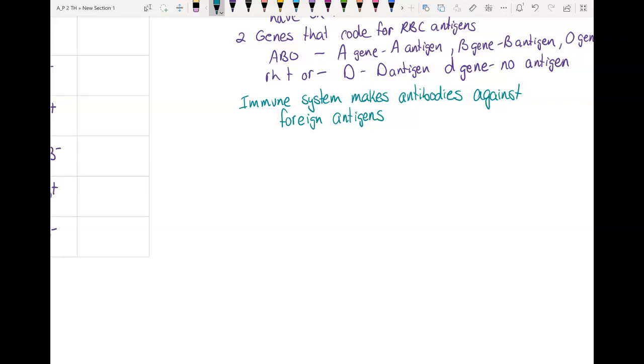So antibodies are proteins. And again, proteins are all about shape. They are shaped to fit to an antigen. So you can think of antibodies and antigens like a lock and key.